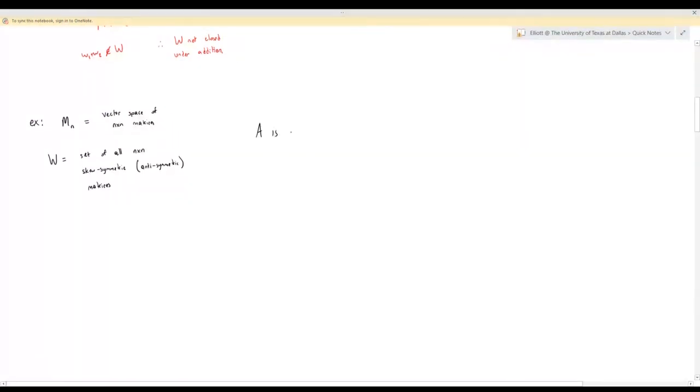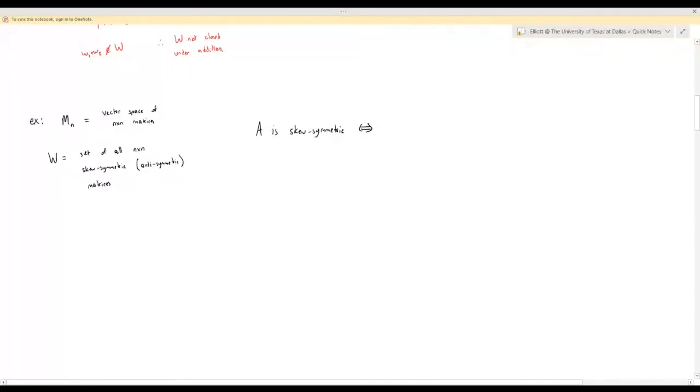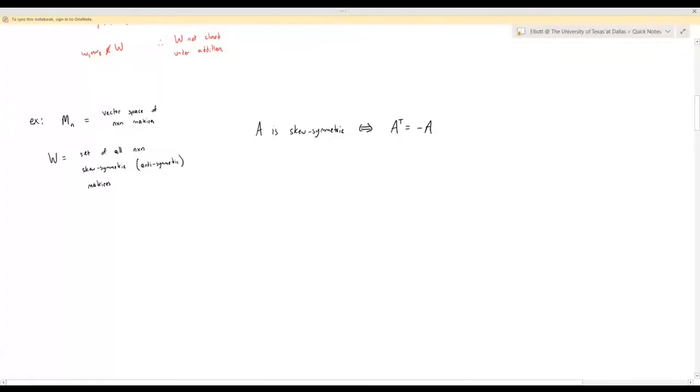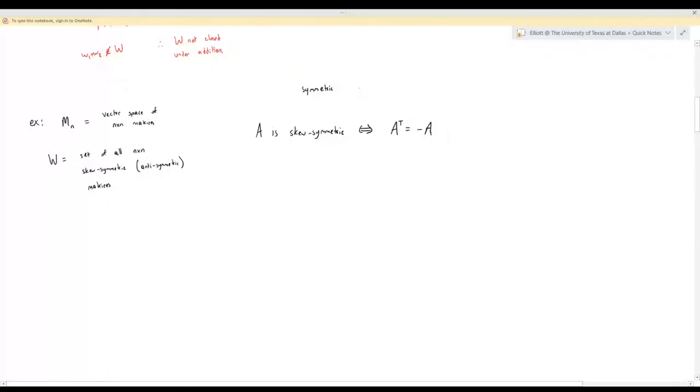To say that A is a skew symmetric matrix, the definition means that its transpose is equal to the negative of the original matrix. If you remember, the definition of being symmetric was that the transpose of the matrix is equal to itself.